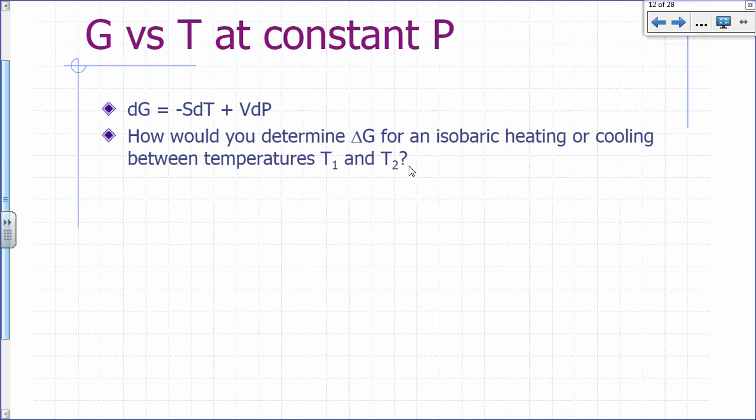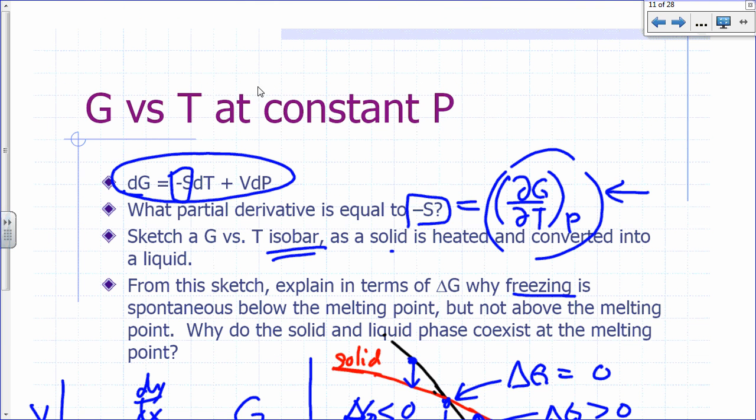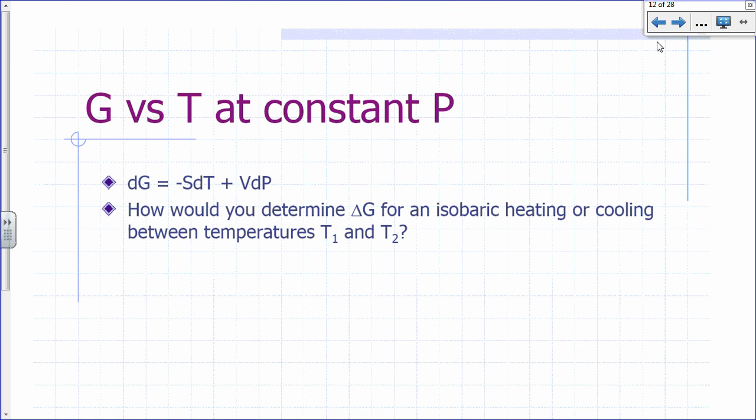Okay. What about G versus T at constant pressure? You're still doing G versus T at constant pressure, right? And that was what we talked about last time. Remember we said the partial of G with respect to T at constant pressure is negative S, right?